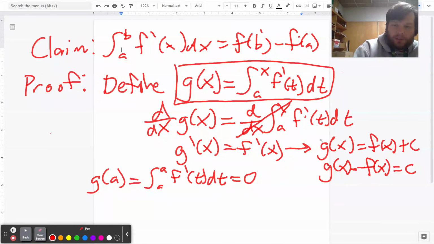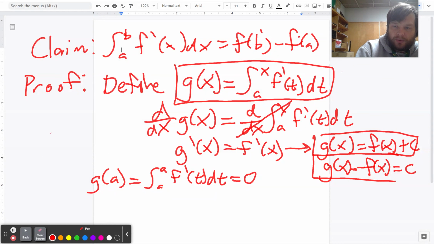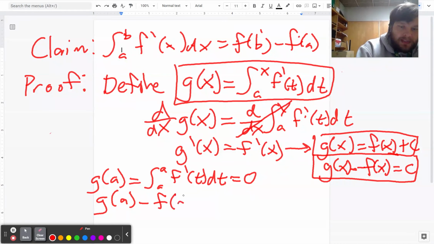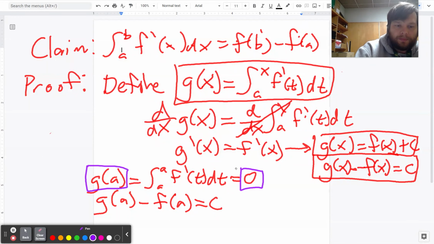But we also know that g of x minus f of x is c. So g of a minus f of a is equal to c, and we also know that g of a is replaceable with 0.